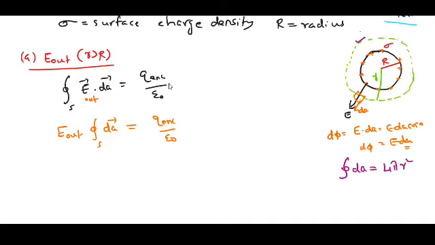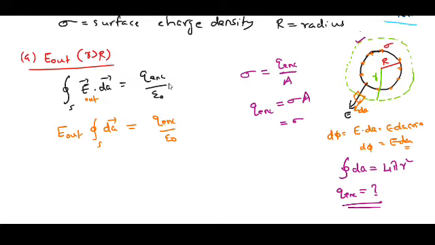Then what is the Q enclosed? It is the total charge enclosed by the Gaussian surface. For that, we know the equation for the surface charge density, sigma. Sigma is the total charge enclosed divided by total area, or Q enclosed is equal to sigma into A. Sigma is the surface charge density, already given. A is the area where the charge is contained.